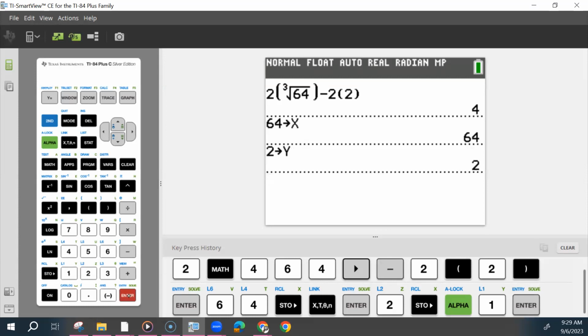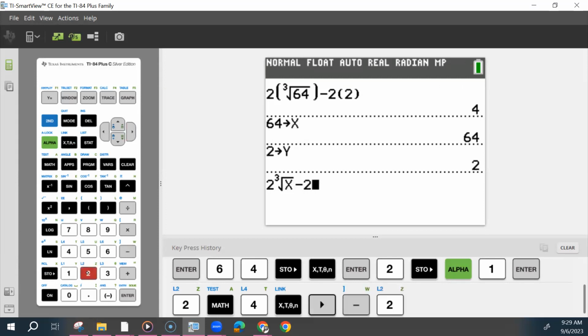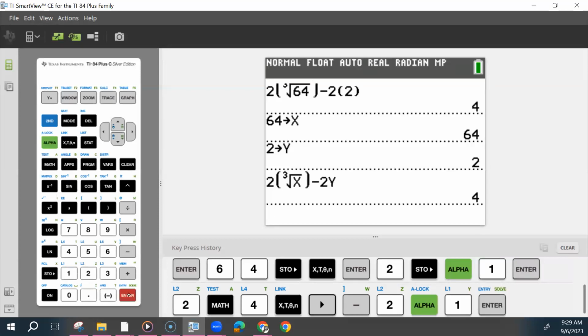Then I can retype that, but with variables. 2 math 4, X come out, minus 2 alpha 1. You would get this one. So whichever method you like better, storing the variables and then doing it like this, or just putting the numbers in, is completely up to you.